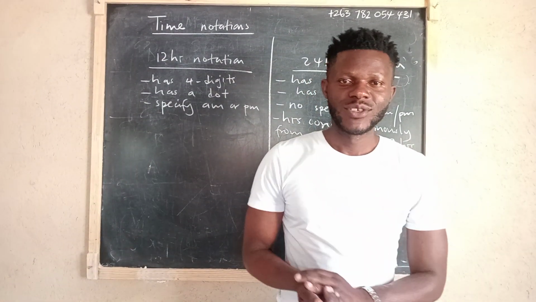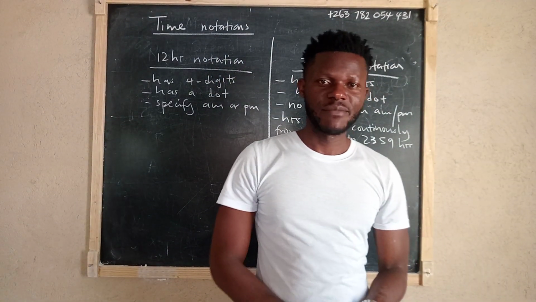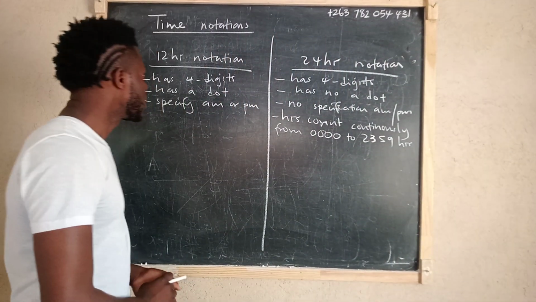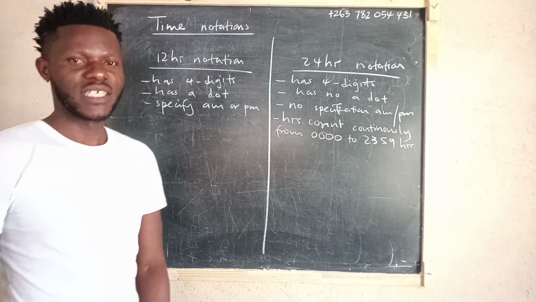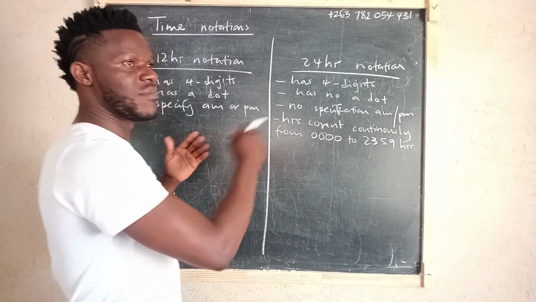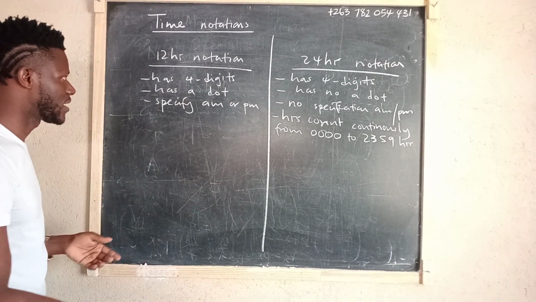Let's learn, guys. Today we are talking about time rotation and time zones. We have two notations, the 12-hour notation and the 24-hour notation. So let's start by describing each notation, then we'll get into the calculations later.